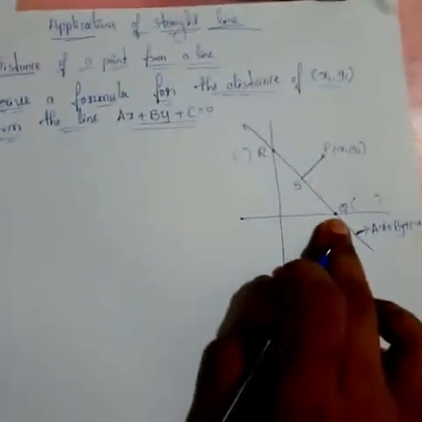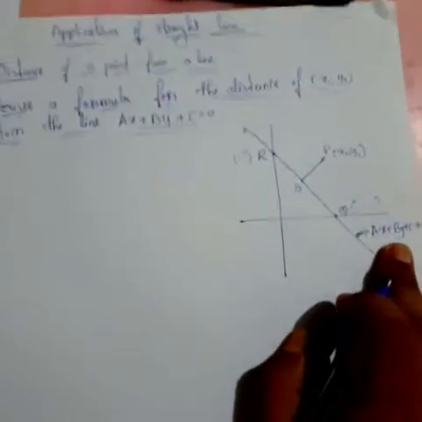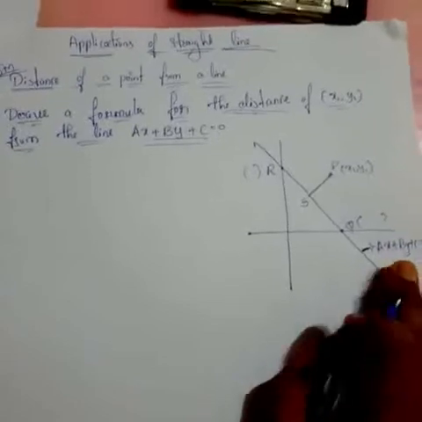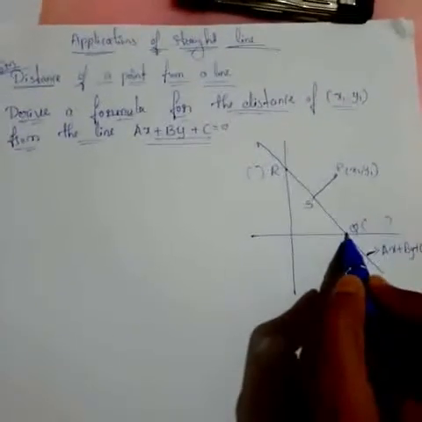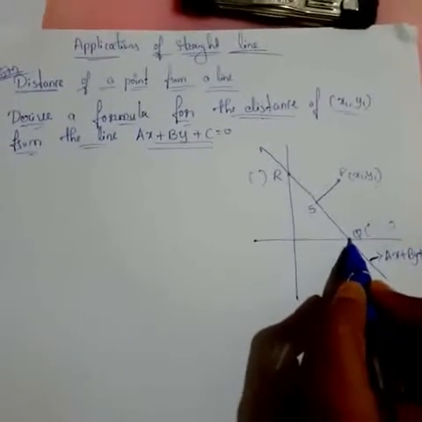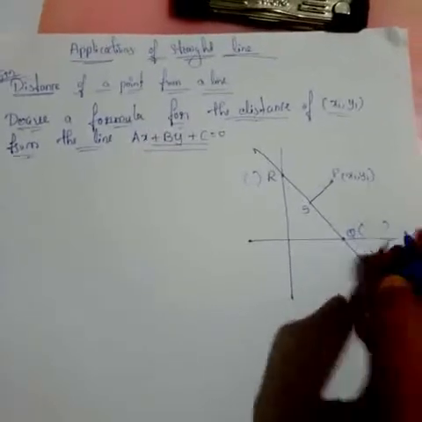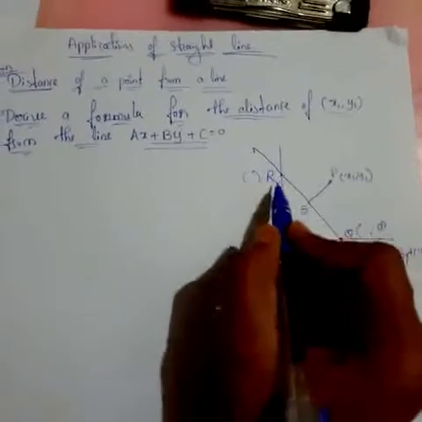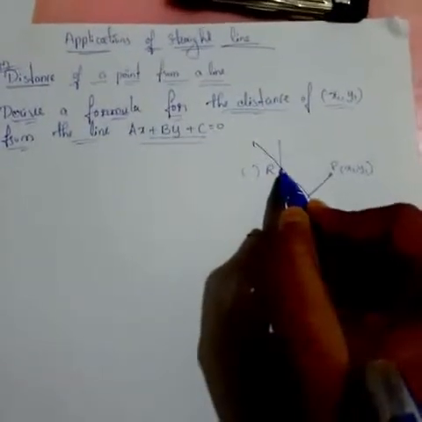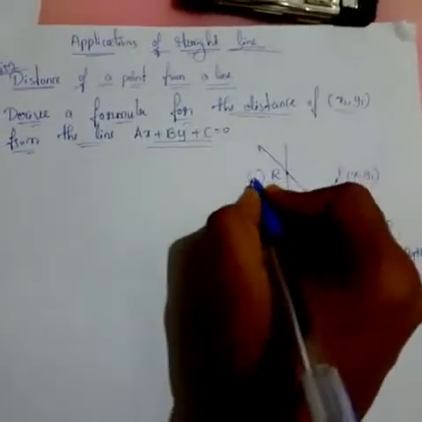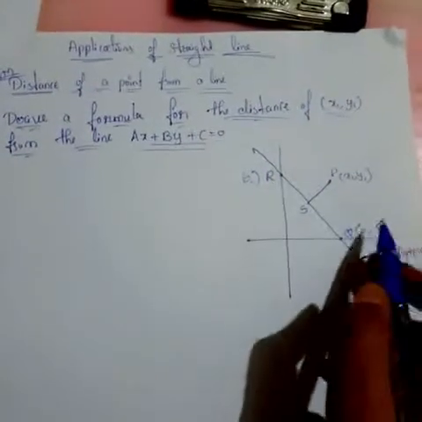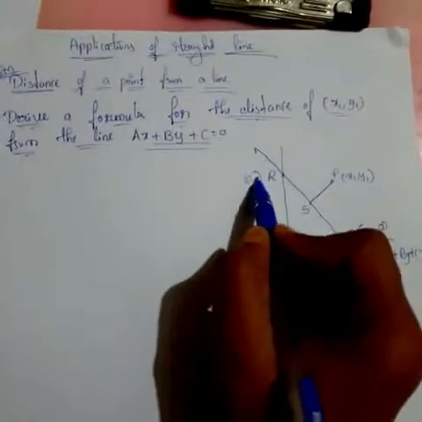See here, this line equation is ax plus by plus c is equal to 0. This point lies exactly on the x-axis, so you know that the y coordinate should be 0. Similarly, this point lies exactly on the y-axis, so here the x coordinate should be 0. Then we have to find here the x coordinate and here the y coordinate.